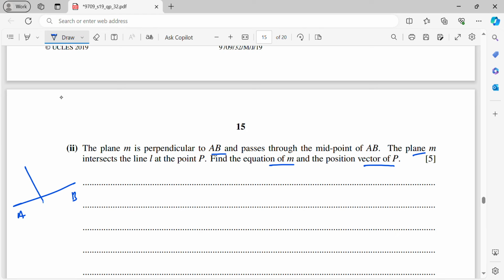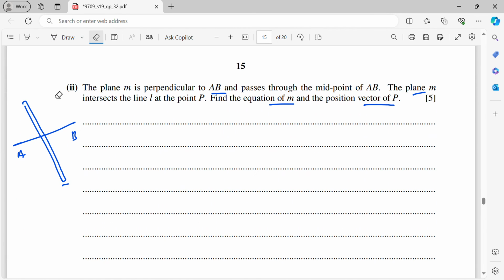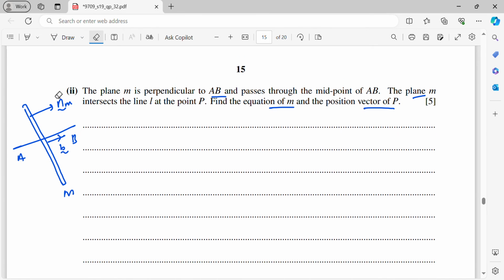Right? And there's a plane. Let's say plane pi. So, plane M. So for plane M, I will have normal vector N. And then for the AB, you will have the direction vector AB.